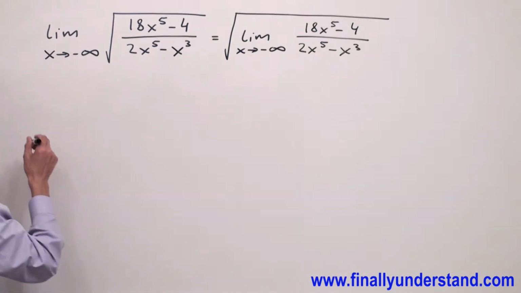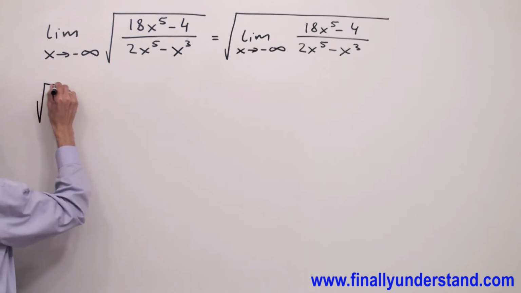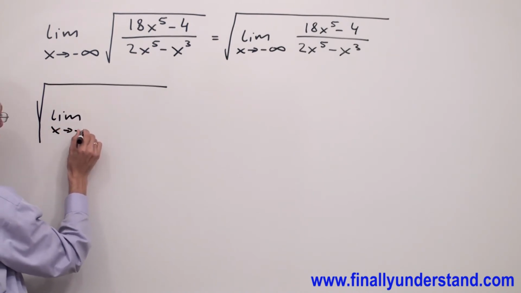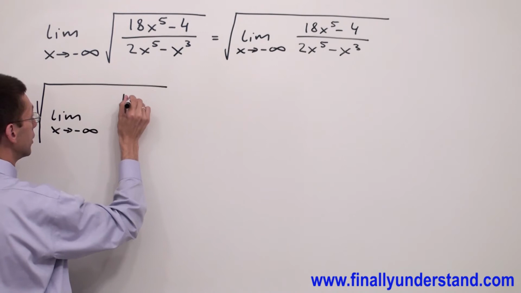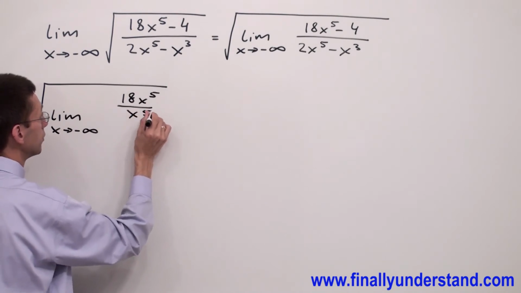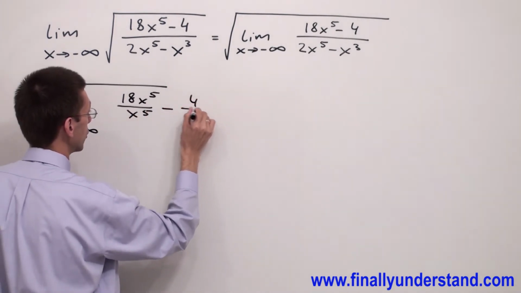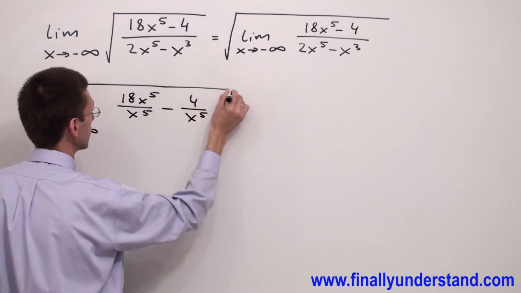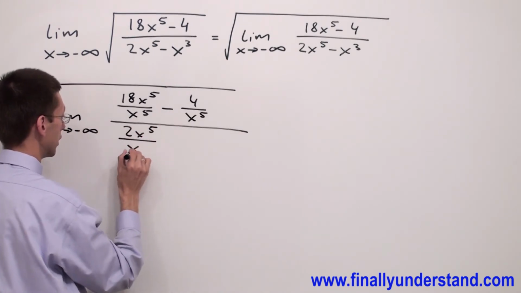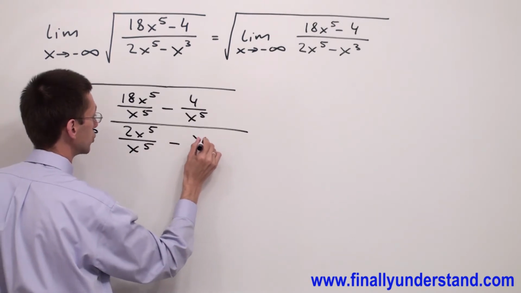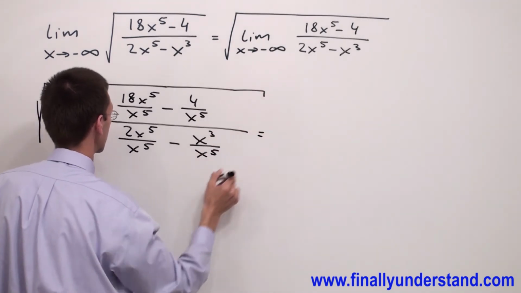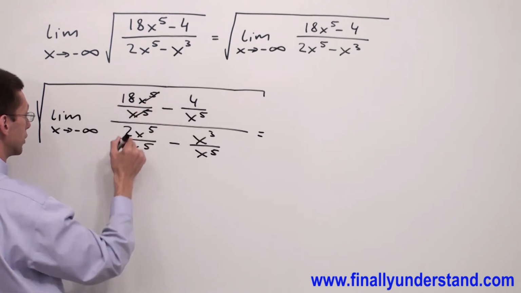So I'm going to have simply the square root, and this is going to be the limit as x approaches negative infinity of 18x^5 over x^5 minus 4 over x^5, over 2x^5 over x^5 minus x^3 over x^5. x^5 and x^5 will cancel out.